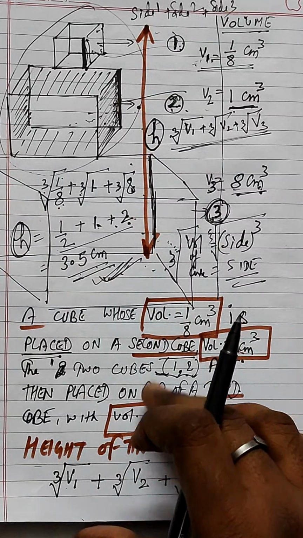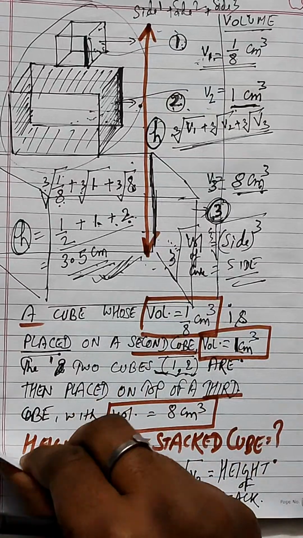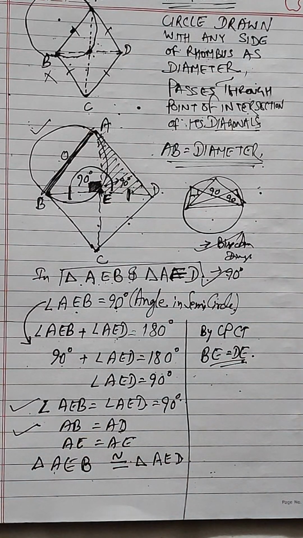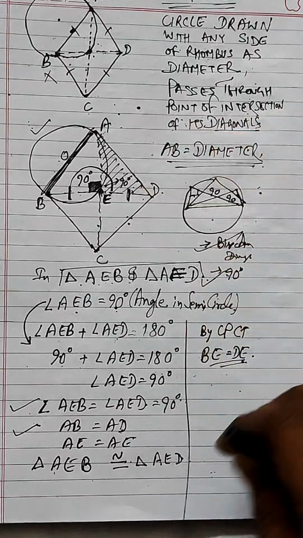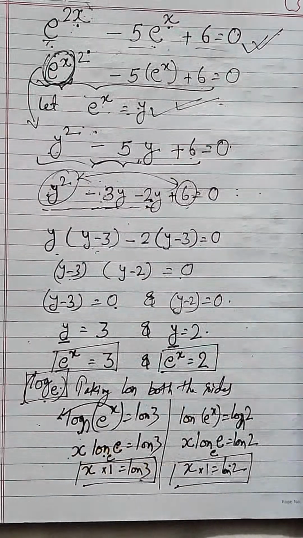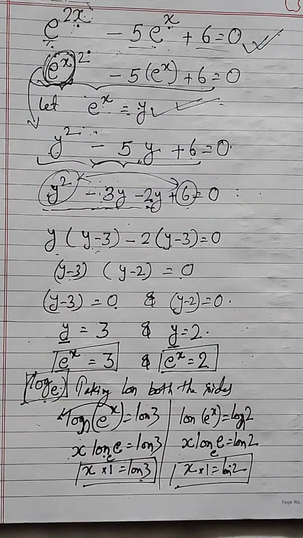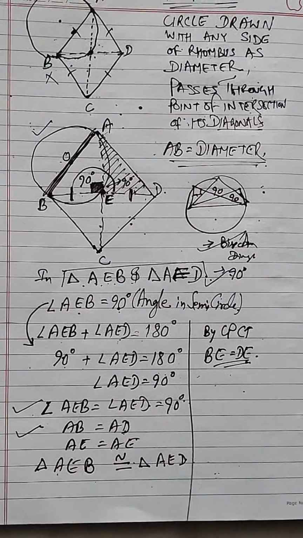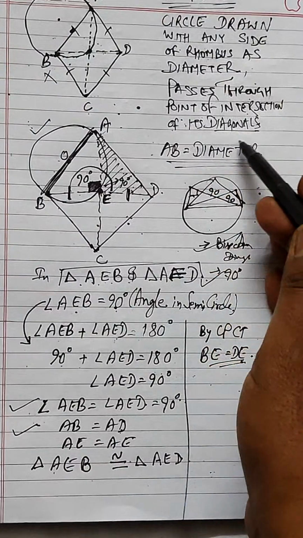So today we have discussed this question: the cubical arrangement, where the height of the stack needs to be calculated, and this question, a rhombus, where a circle drawn with any side of the rhombus as diameter passes through the point of intersection of the diagonals.